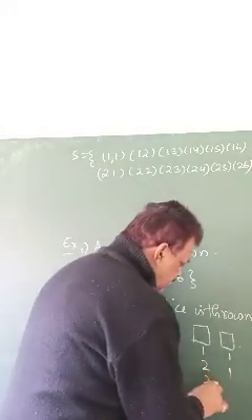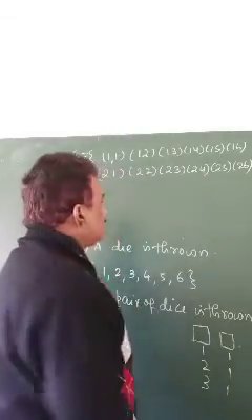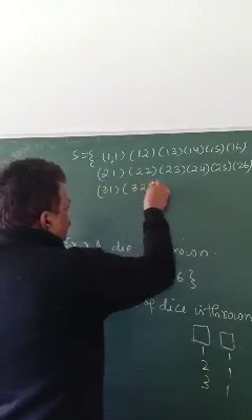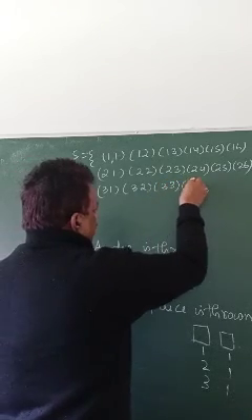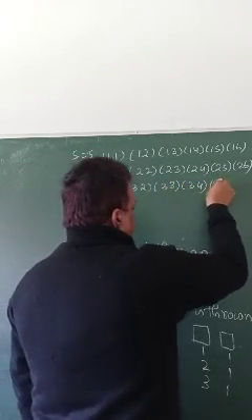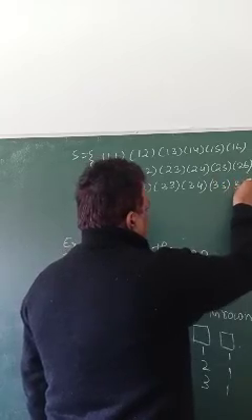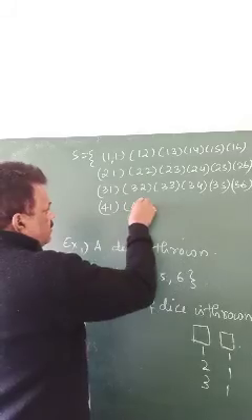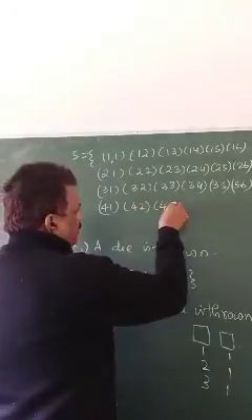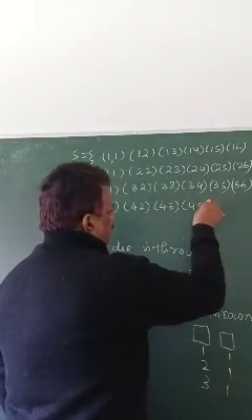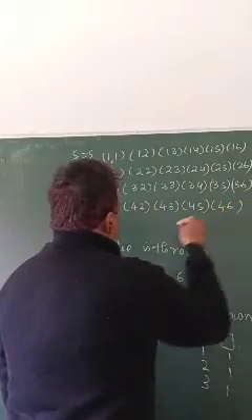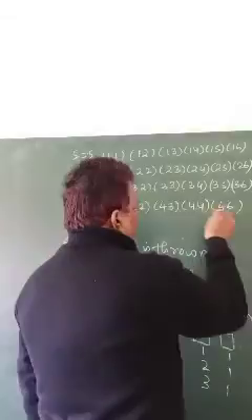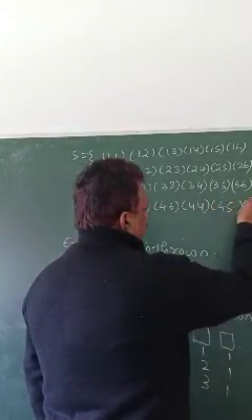If the first die is showing 3, then 3, 1, 3, 2, 3, 3, 3, 4, 3, 5, 3, 6. Similarly 4, 1, 4, 2, 4, 3, 4, 4, 4, 5, 4, 6.